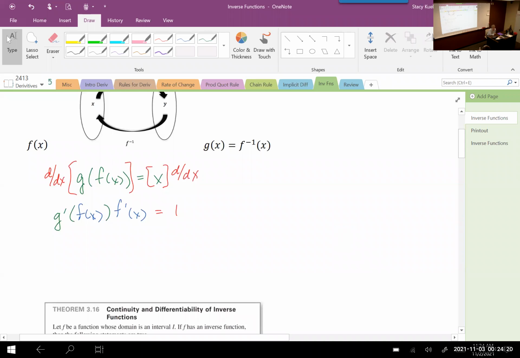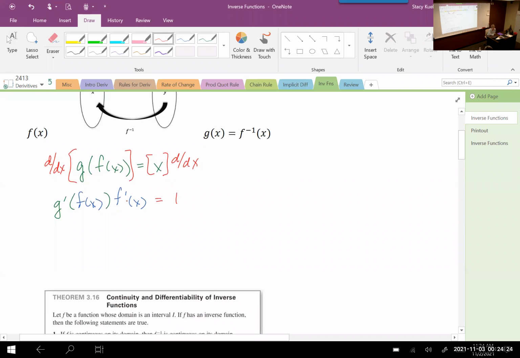Now, I am going to try to get f prime all by itself. So I am going to divide both sides by the derivative of the inverse, g prime of f of x.